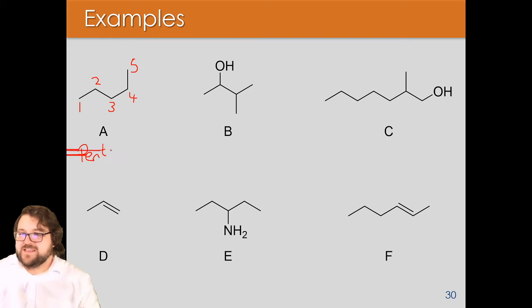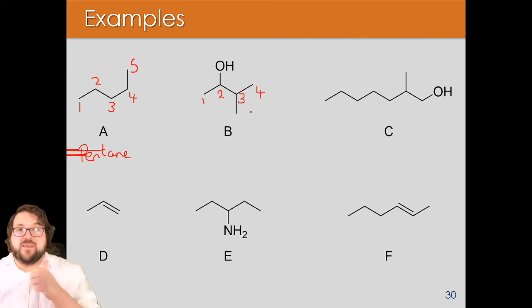Okay, I can see that that's not going to work. So let's just say them out loud, and then on the next slide you'll see all the written answers. So A is pentane. Let's look at this one. For B, I'm going to number it from the side closest to the functional group, which just happens to be the left this time. Okay, so I've got 4 carbons in the longest chain. This is a but root, which is hard to say.